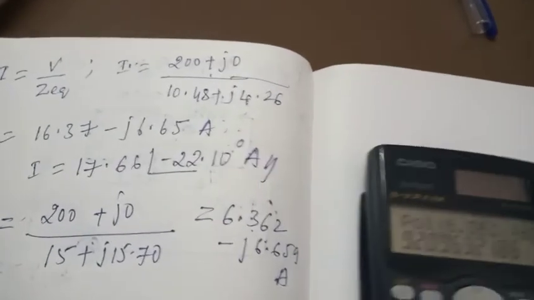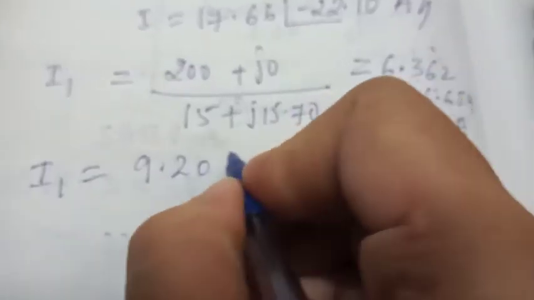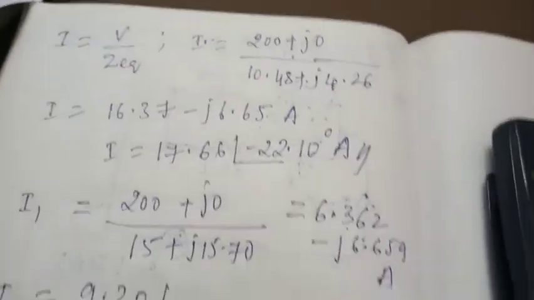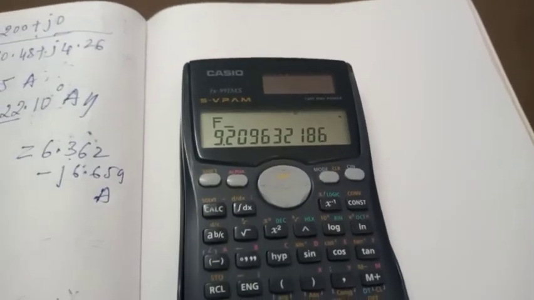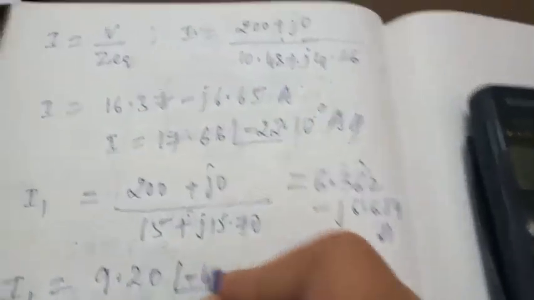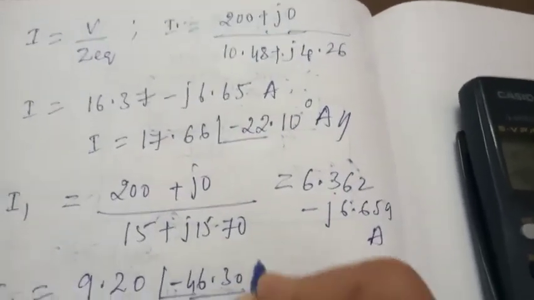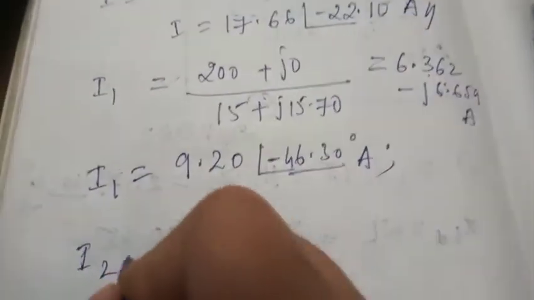It will come around 9.20 at an angle. If you want the angle, shift f, minus 46.30 degrees amperes.